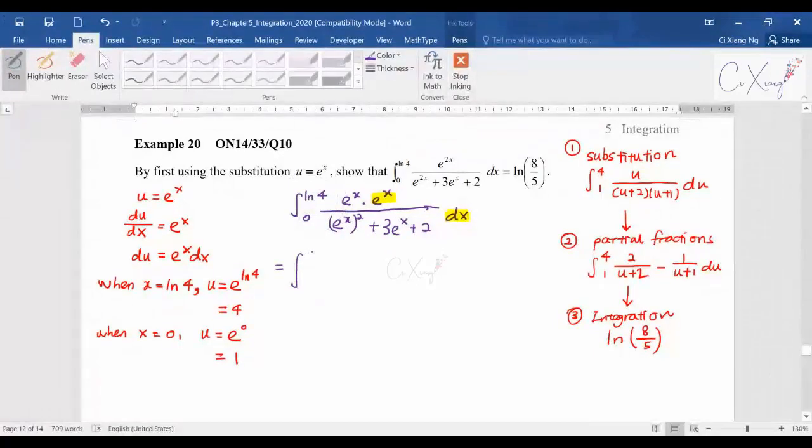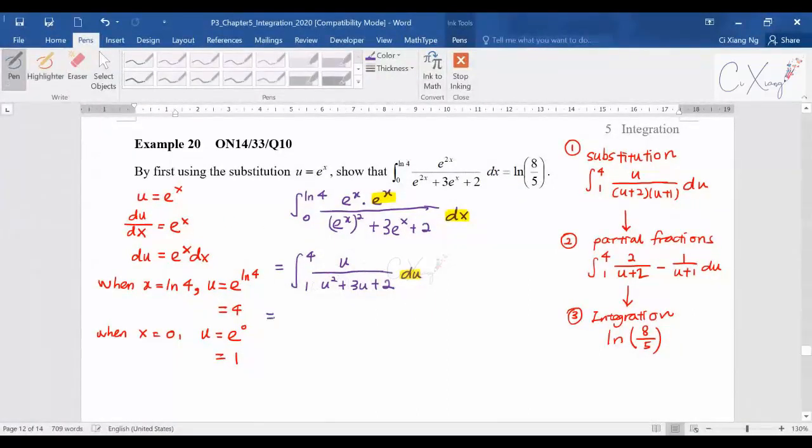Log 4, you get 4. e power 0, you get 1. e^x is the u. Then divided by (e^x) power 2, you have u squared plus 3u plus 2. Then the part highlighted in yellow, the whole thing, equals du. I hope that you can relate to what I write here.